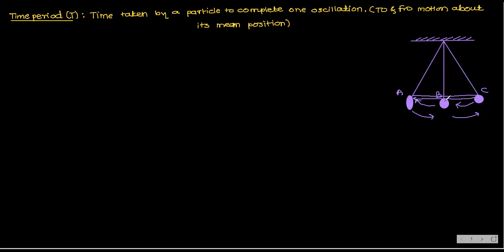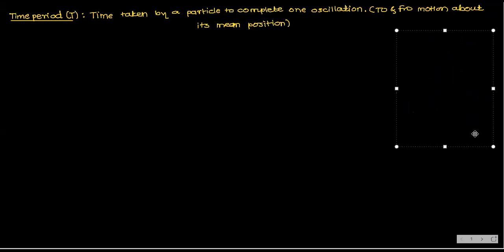If you are counting at point B, so you are pulling from B, and when again it is coming back to B, then also it is one oscillation. Or even you can take from C, if you are dropping from C, again coming back to C, then that is also one oscillation. Understand? Clear?